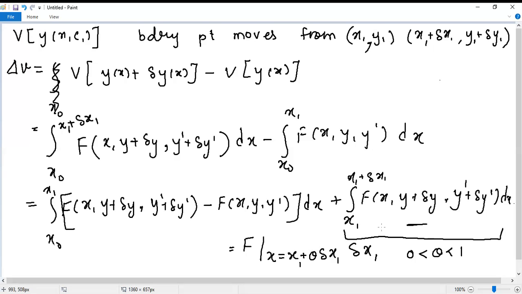Because capital F is continuous, this capital F can be written, because it is into delta x1, as f evaluated at x equal to x1 plus some quantity epsilon.